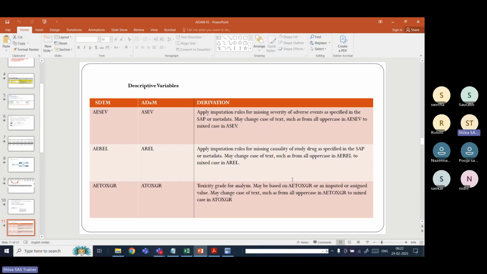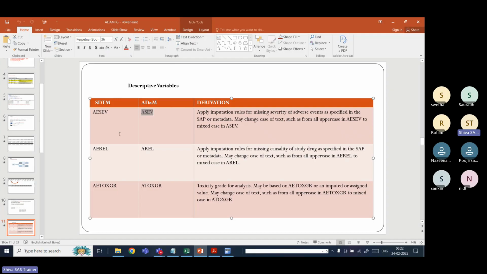And some variables we take from the SDTM data sets, and you can see some of the variables, like adverse event severity, are present in the SDTM AE. So by using this in the ADAE, we created the variable called analysis severity.